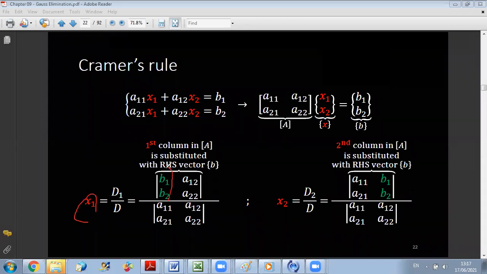You replace the column of coefficients multiplying x1, and you divide by the determinant of the coefficient matrix A. To get x2, you do d2 over d, so you replace the column of coefficients multiplying x2, and then you divide by the determinant of A. This is Cramer's rule. You can apply it for any number of equations, but it will not be efficient if you have more than 3 equations.